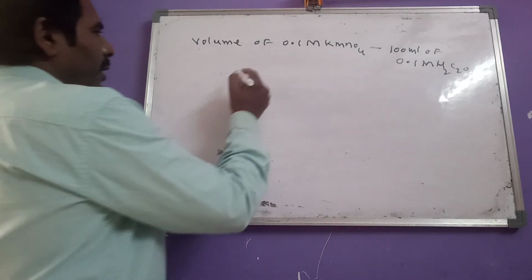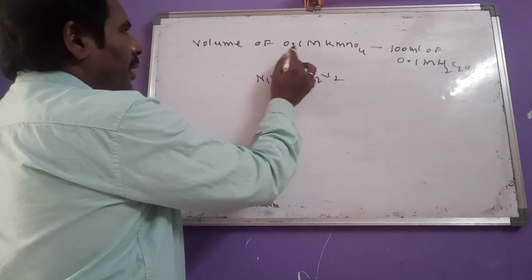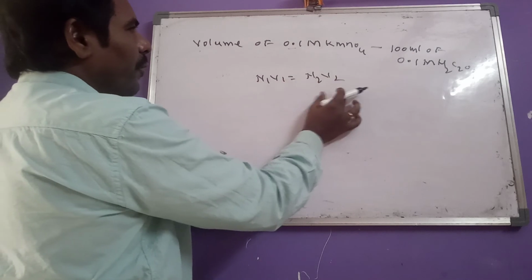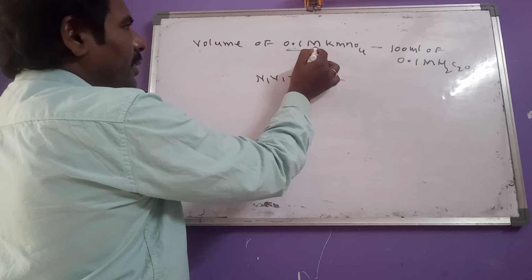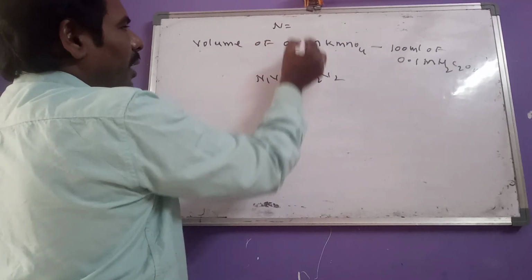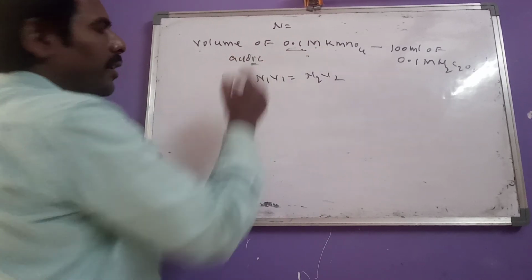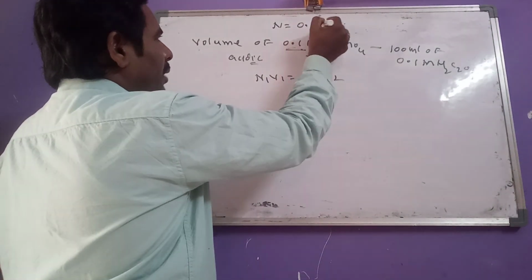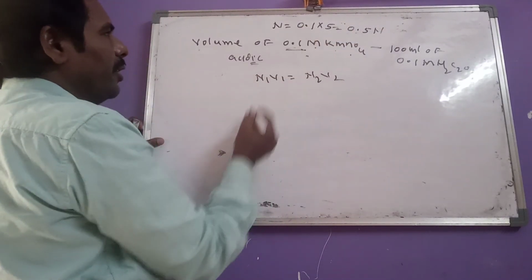Now N1V1 equals N2V2. N1V1 is related to KMnO4, N2V2 related to oxalic acid. The molarity given for KMnO4 is 0.1. Then we have to calculate its normality. This reaction takes place in acidic medium, so 0.1 into 5 means the normality of KMnO4 is 0.5.